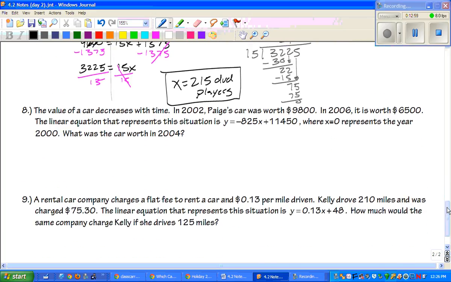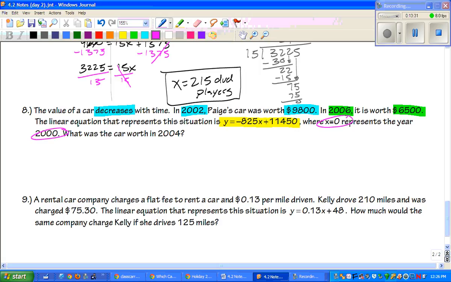All right. The value of a car decreases with time. In 2002, Paige's car was worth $9,800. In 2006, it is worth $6,500. The linear equation that represents this situation is y equals negative 825x plus 11,450, where x equals 0 represents 2000.